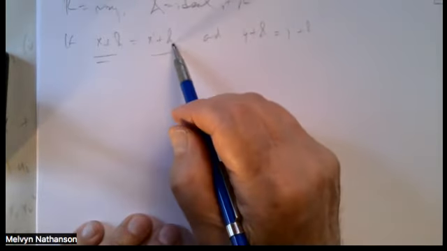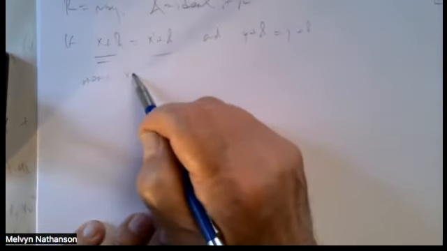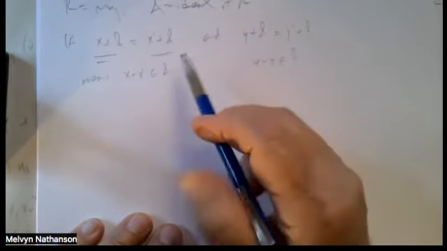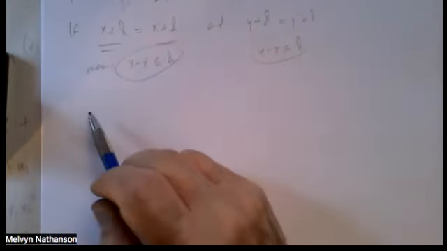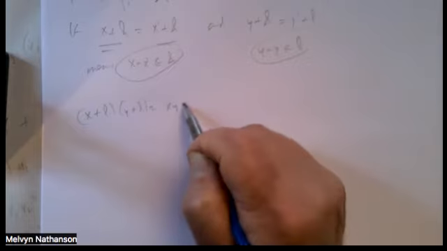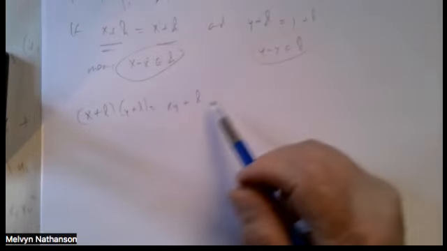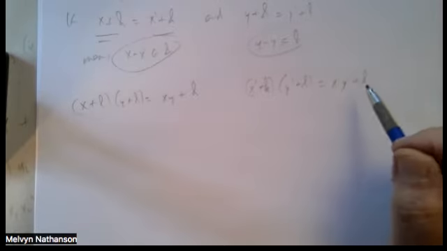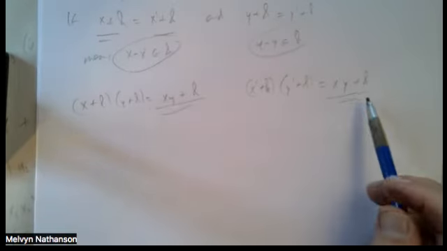To say that x plus I equals x prime plus I means x minus x prime is an element of I. And y minus y prime is an element of I. We would like to say that the product of the cosets x plus I and y plus I is the coset xy plus I. But this would also have to be the same as the product of the cosets x prime plus I and y prime plus I, because they're the same cosets. With these representatives, this is x prime y prime plus I. So these have to be the same.